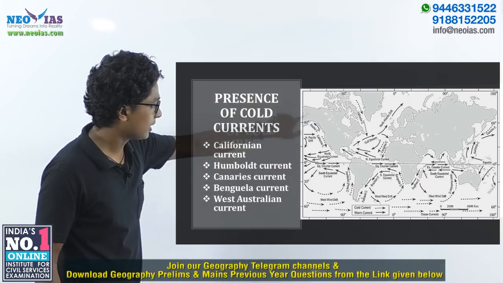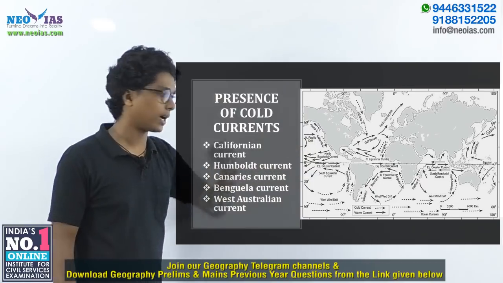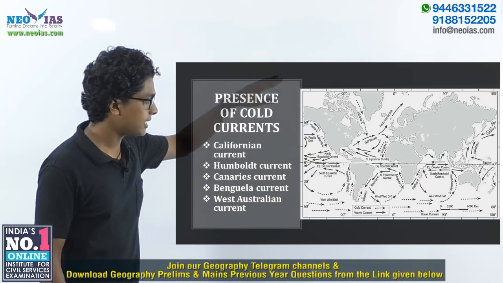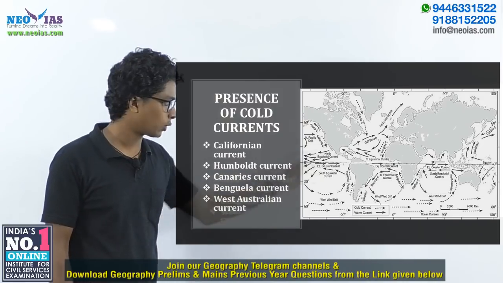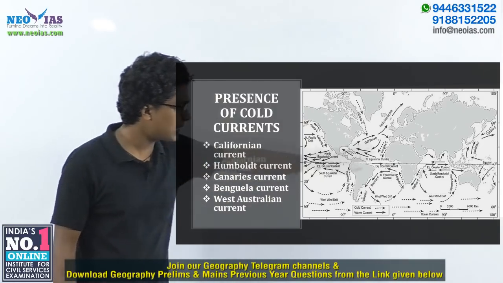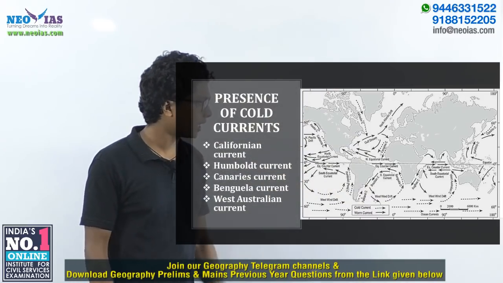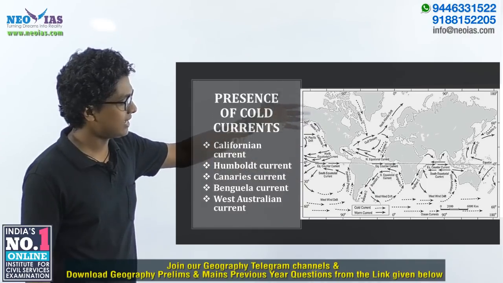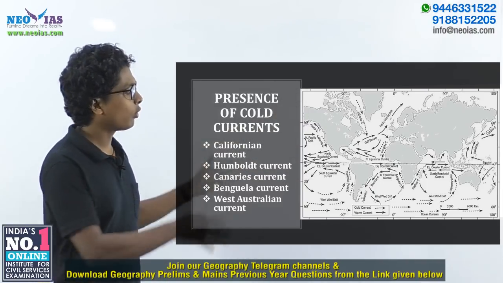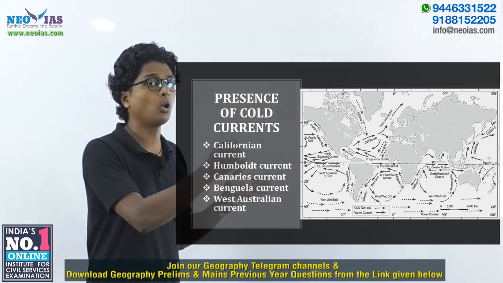And we have a cold current called the Californian current near that Mojave Desert. And in the Atacama Desert, we have the cold Humboldt current, the Peruvian cold current. In the Namib Desert, we have the Benguela current. In the Sahara, we have the Canaries current. And in Australia, we have the West Australian current. So most of the hot deserts coincide with cold ocean currents.